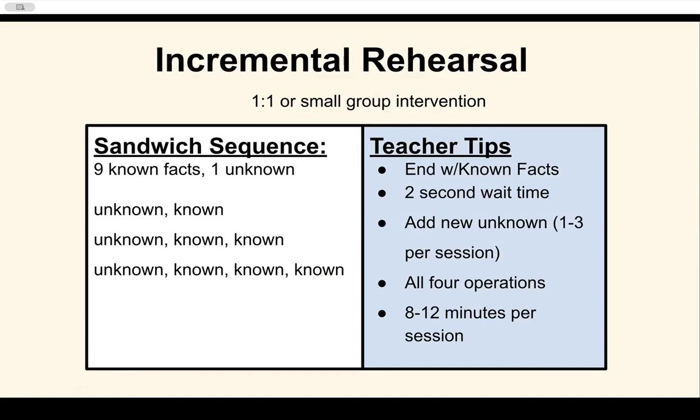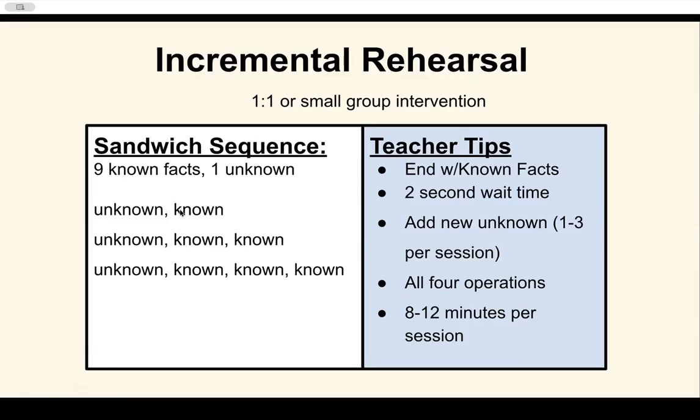In fluency, when we talk about automaticity, we're talking about students responding within a 2-second window once they see the fact. This is a flashcard drill practice, and we would begin with an unknown fact, one that they're having difficulty with, and pair it with a known fact.